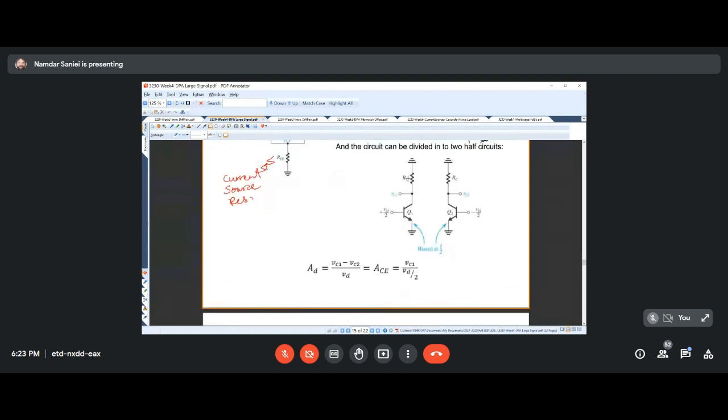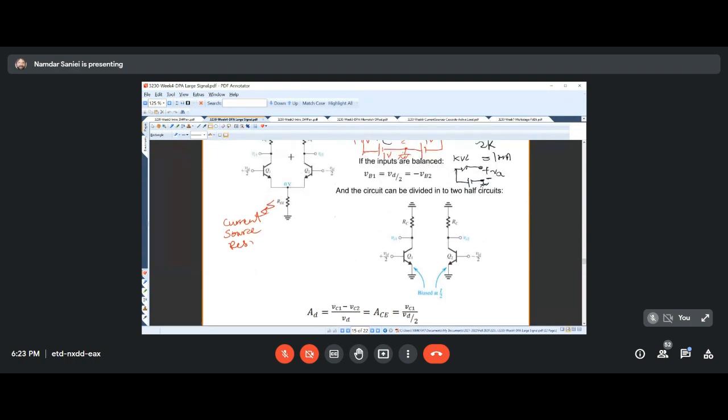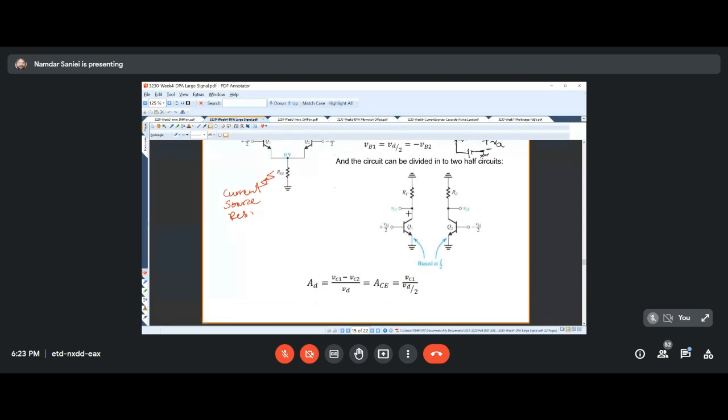In fact, the same GMRC that we just found for the differential pair amplifier was what applied to the common emitter, single transistor amplifier in common emitter configuration.